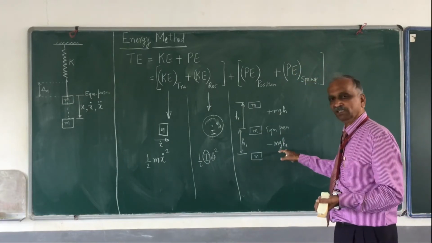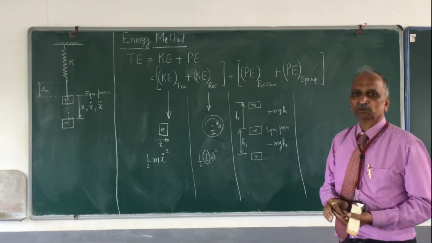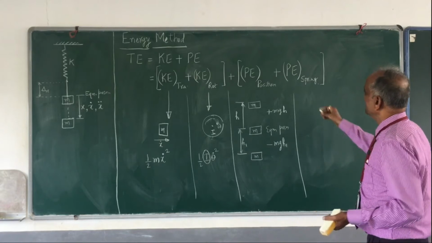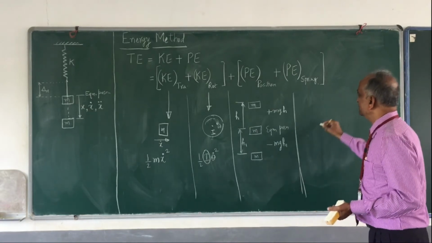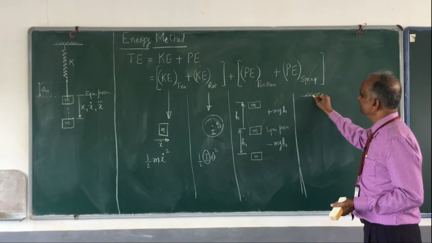So this is how we calculate the potential energy due to the change in the position of the mass. Then how to calculate the energy stored in the spring.